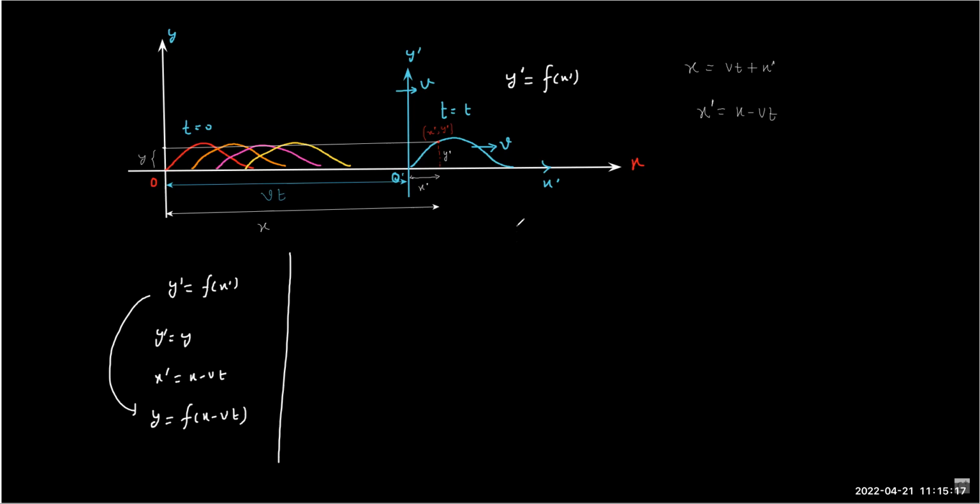In a similar fashion, if we have a coordinate system, and if the wave is traveling towards the right, sorry, traveling towards the left, then after time t, it will shift towards the left.